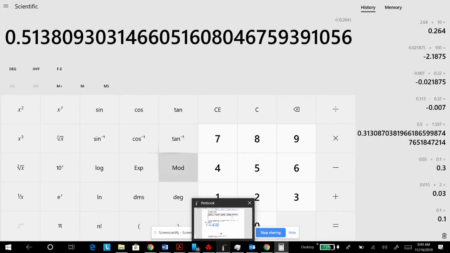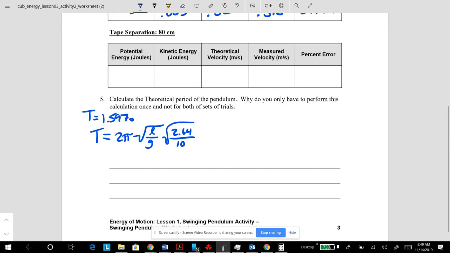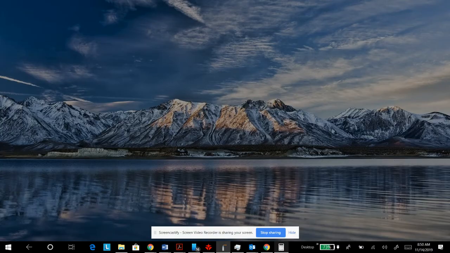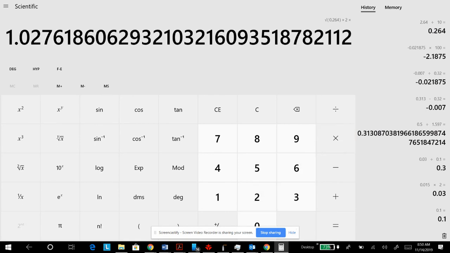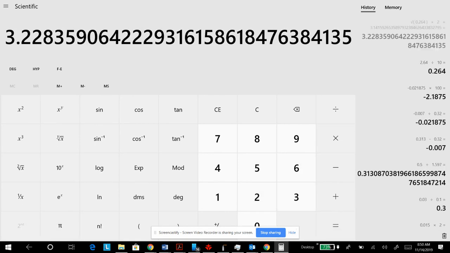So 2 pi times 0.514. Now I'm just going to plug this all in. So I'll do this one times 2 times pi equals 3.23.